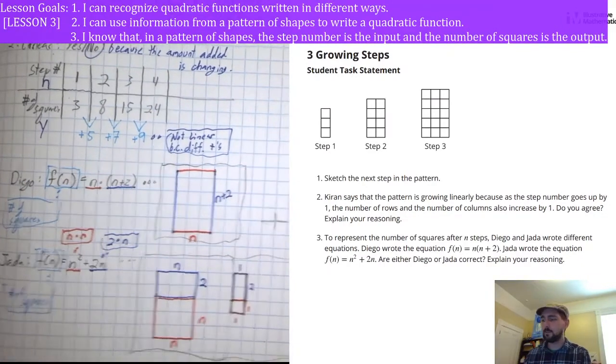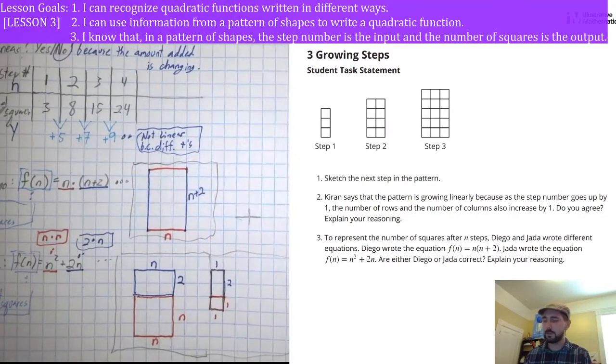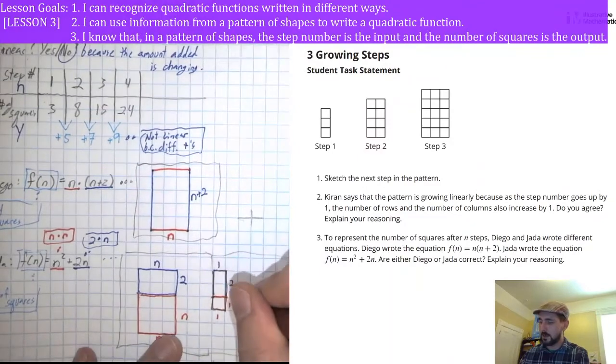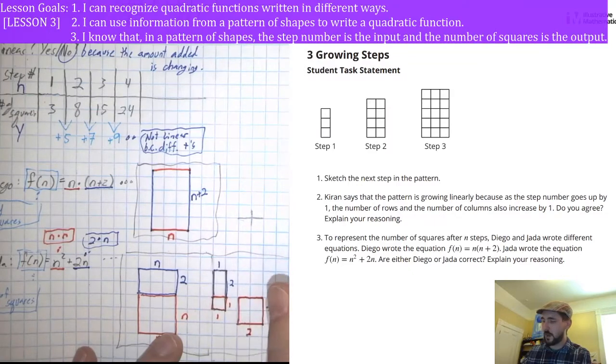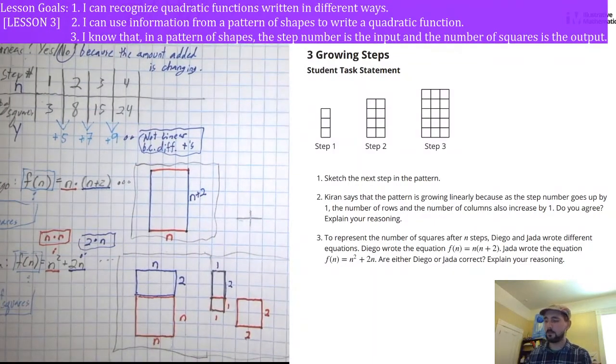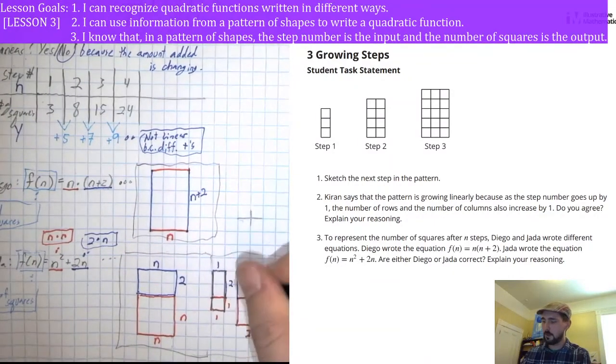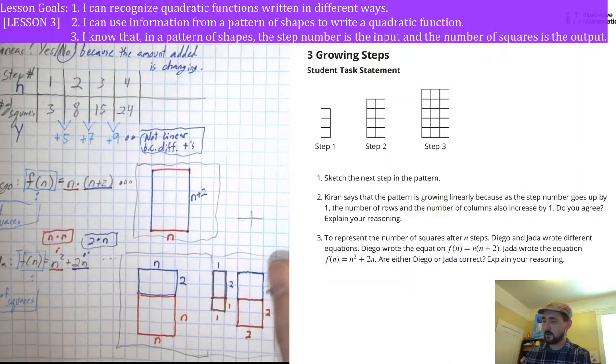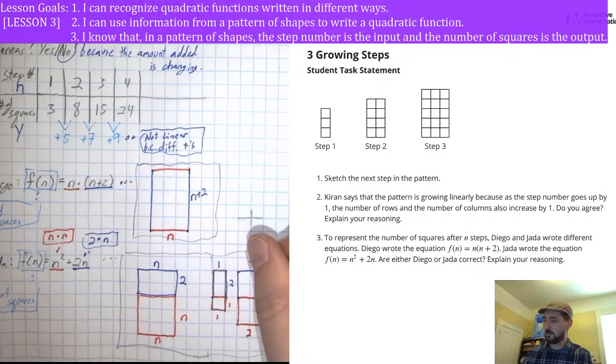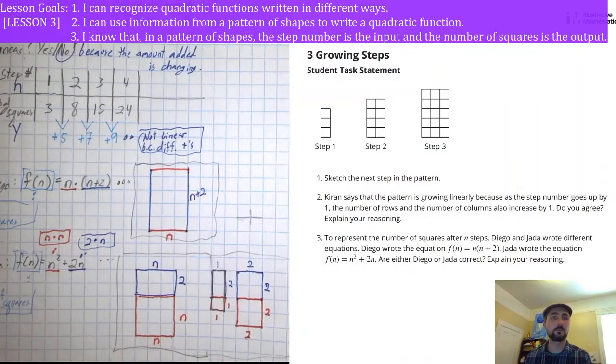Okay, maybe it's easier to visualize in step 2. Step 2 is a 2 by 2 square capped by a 2 by 2 rectangle on top. Does that happen again? It looks like it does, yeah.